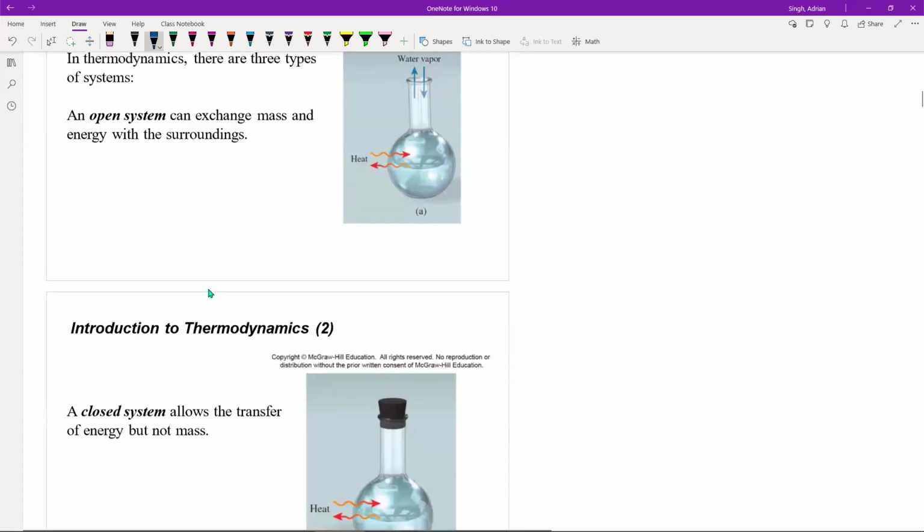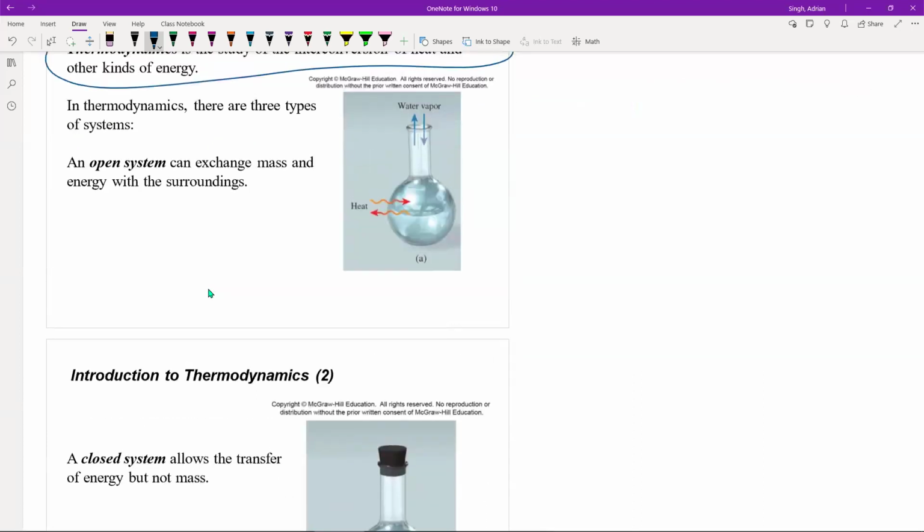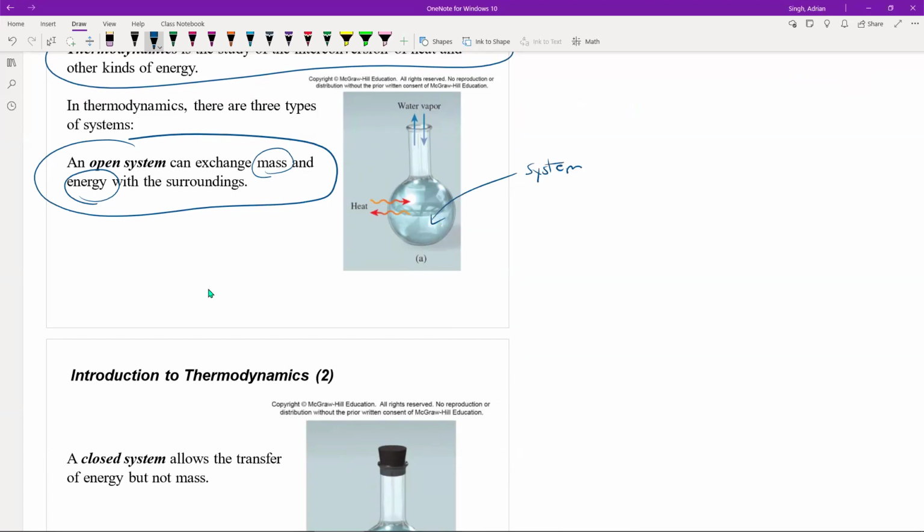The first one is called an open system, and in an open system, that system can exchange both mass and energy with the surroundings. Okay, so if I have, for example, this round bottom flask that we have here, my reaction is happening inside. So there's my system on the inside. Obviously, this can release heat, it can absorb heat, so it can exchange energy with the surroundings.